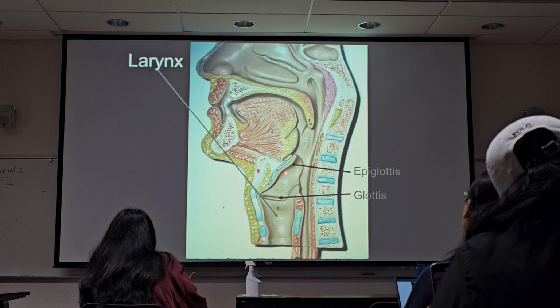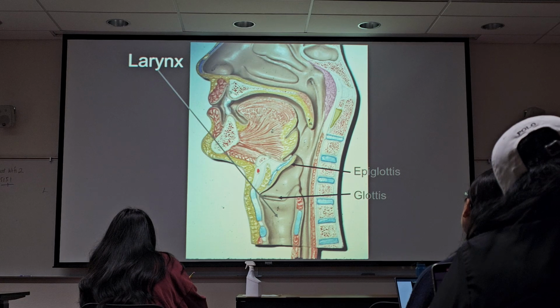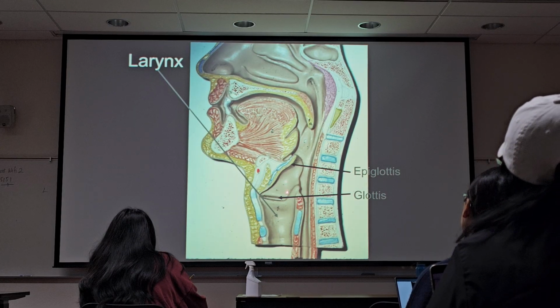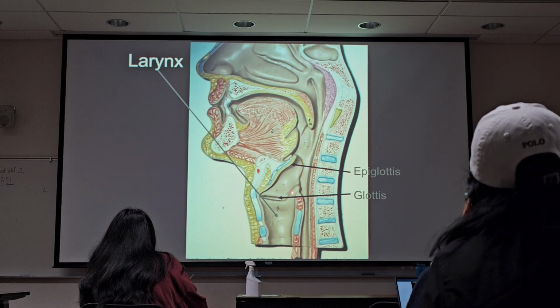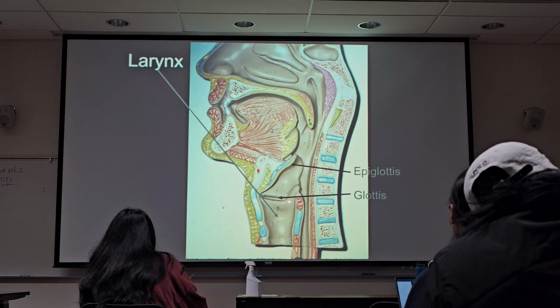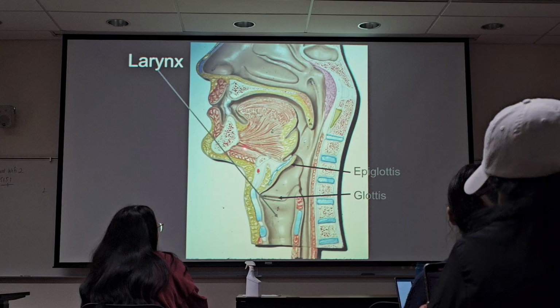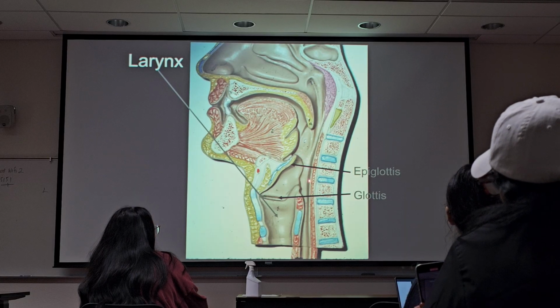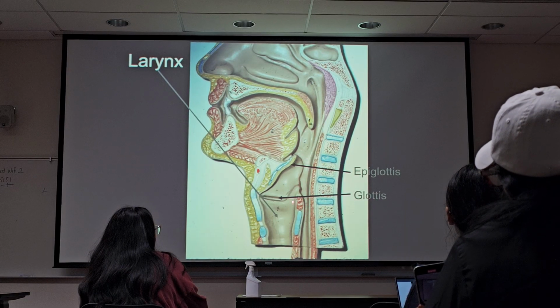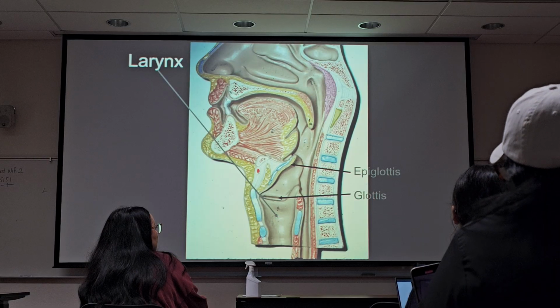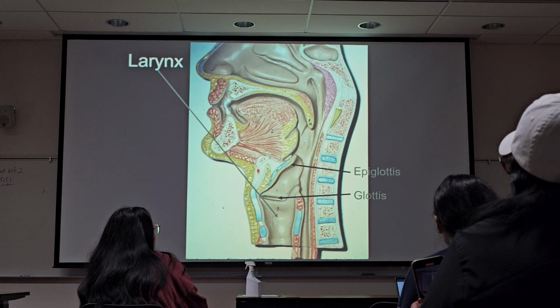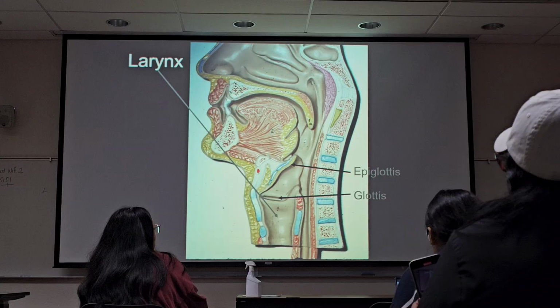Above the glottis is the epiglottis. Every time we swallow, that epiglottis is pushed down over the glottis, the opening to the larynx, to close the larynx, so that food can only go into the esophagus and not into our larynx, where it can choke us and go into the respiratory tract. Okay?